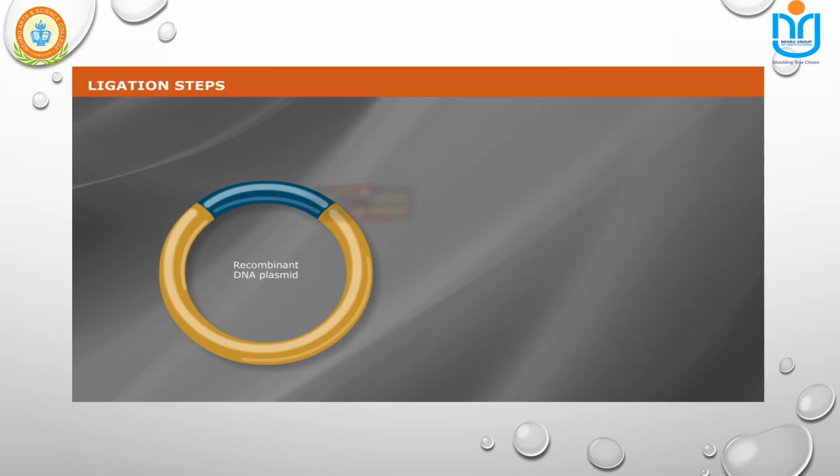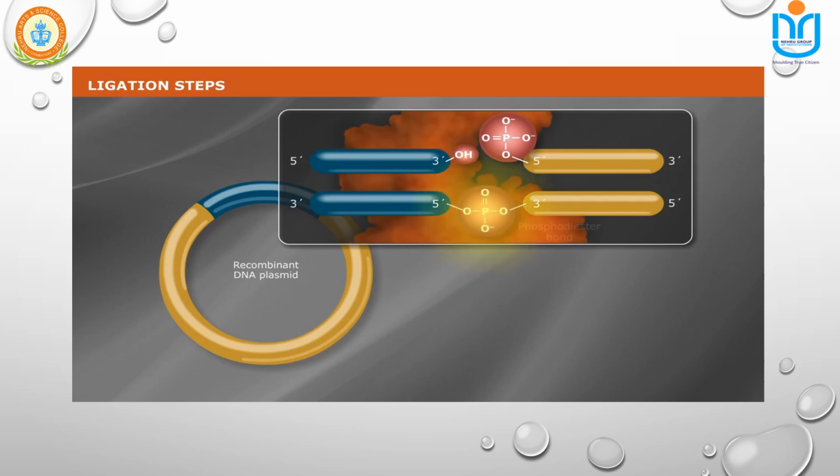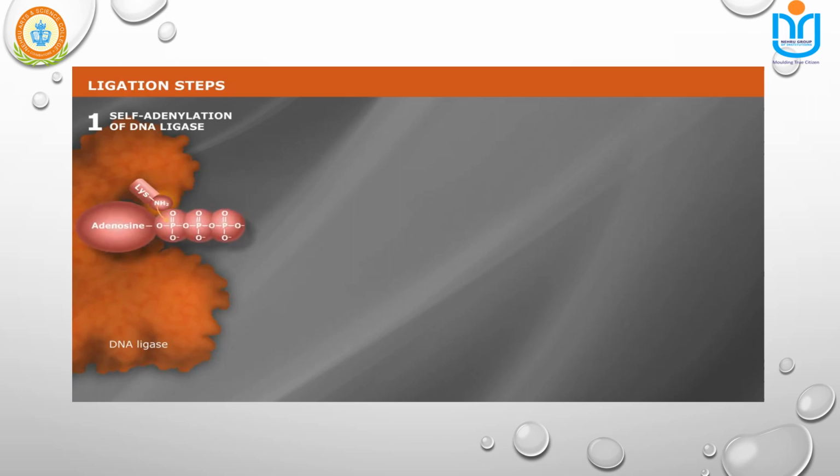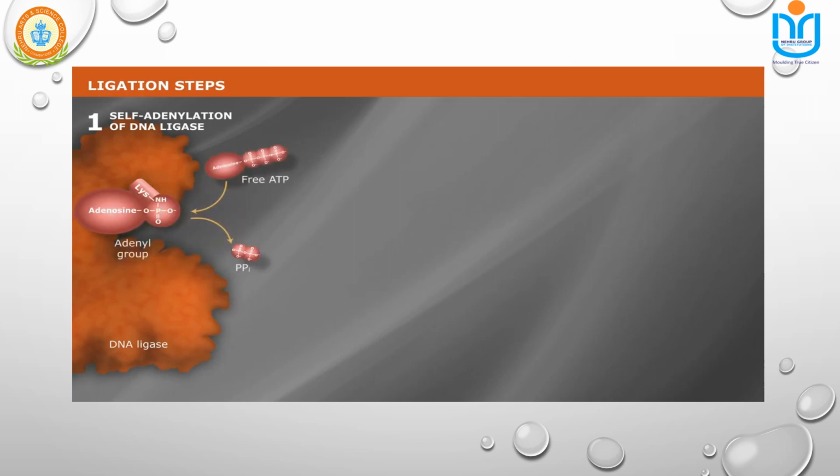A DNA ligase catalyzes the formation of a phosphodiester bond between juxtaposed 5' phosphate and 3' hydroxyl termini in duplex DNA. Ligation proceeds in 3 steps. Initially, the ligase is self-adenylated by reaction with free ATP or NAD.